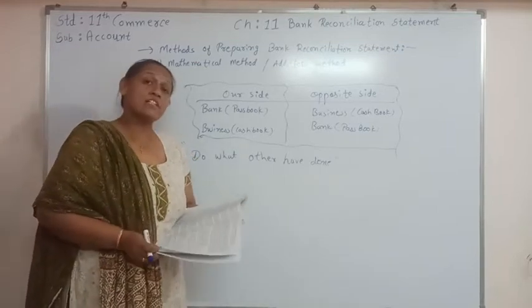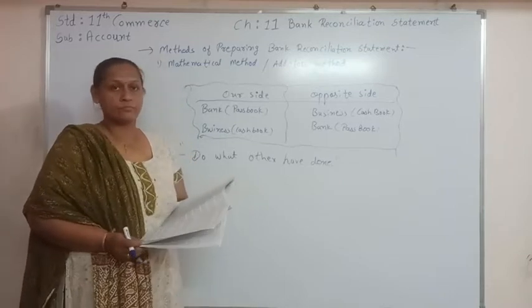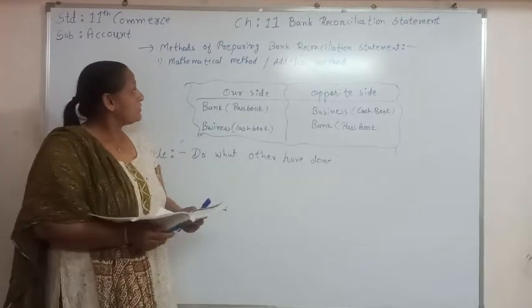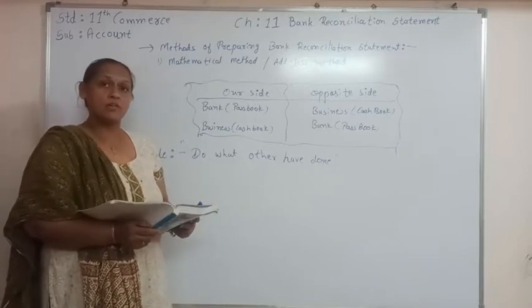Let's see illustration number 1 so that we can understand it in a better way. You may note this down in your notebook. Then we will see illustration number 1.